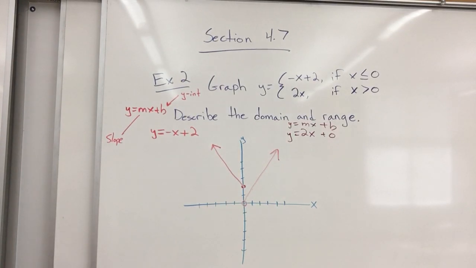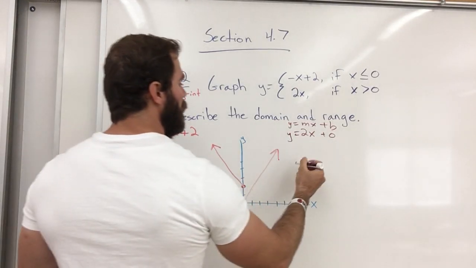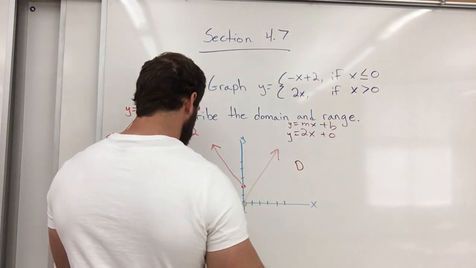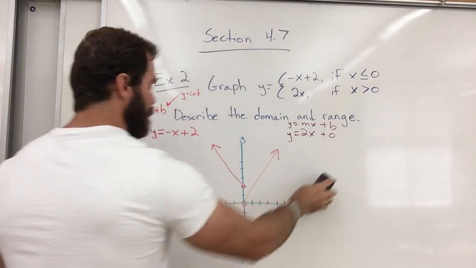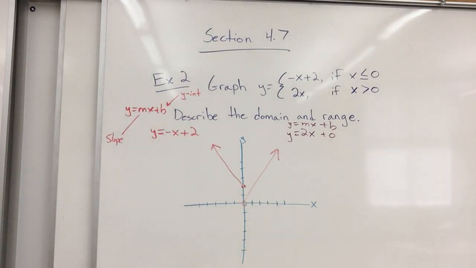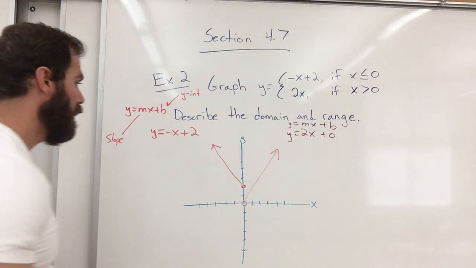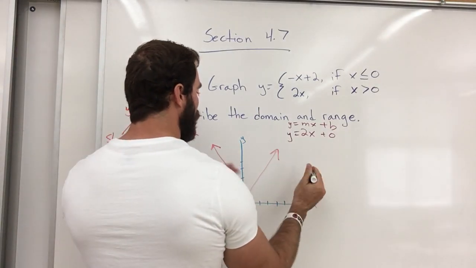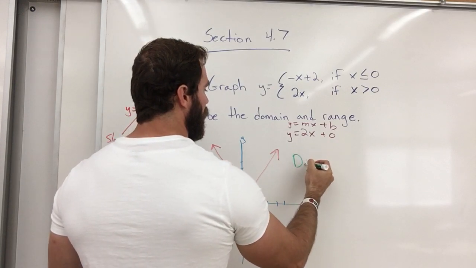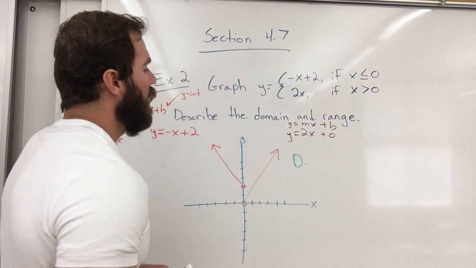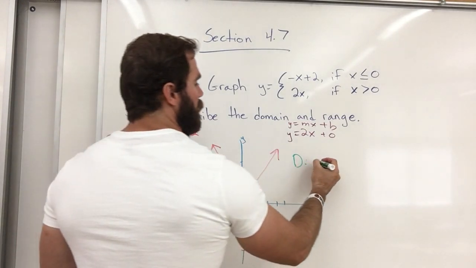But then we have to describe the domain. The domain, let me use a different color so we don't get mixed up. The domain of this whole graph is going to be all reals.